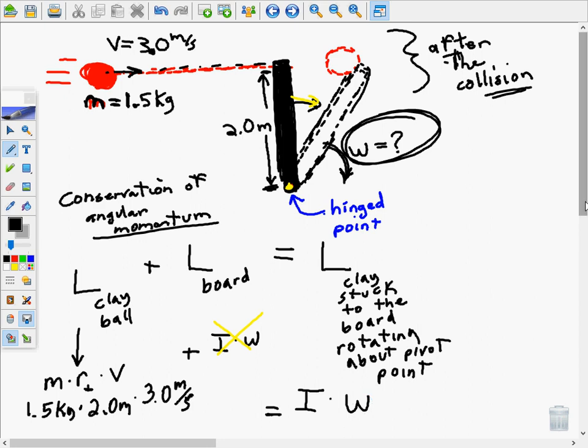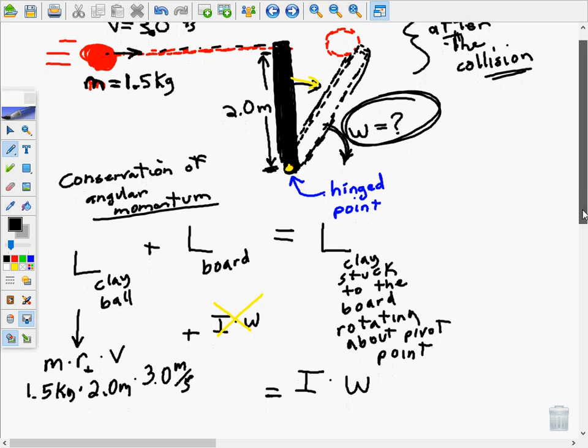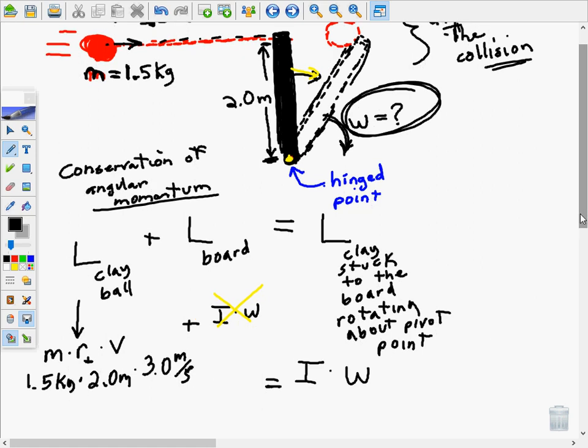But this is complicated, so I'm going to scroll this down a little bit lower here. This I right here, it's the I of the clay ball plus the I of the board.